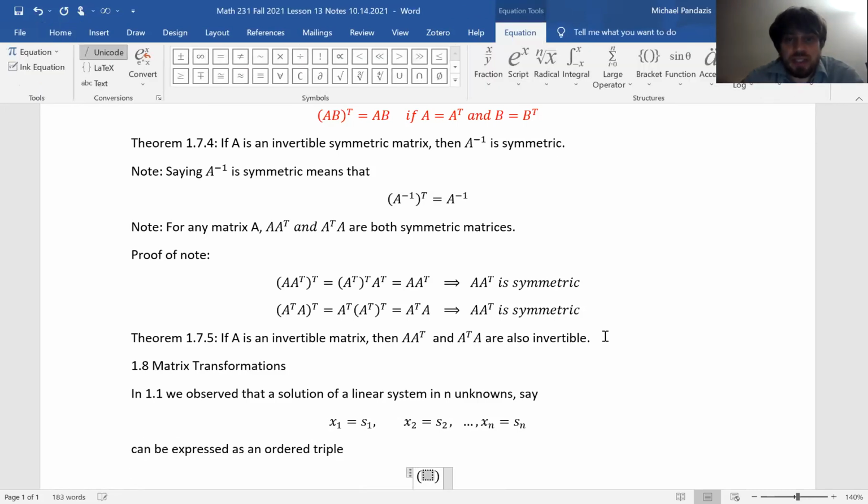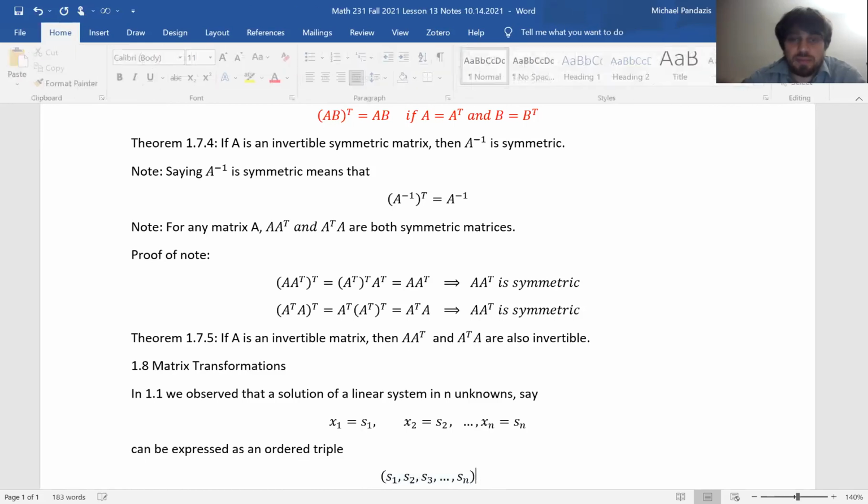And the ordered n-tuple is s1, s2, s3, dot, dot, dot, sn.